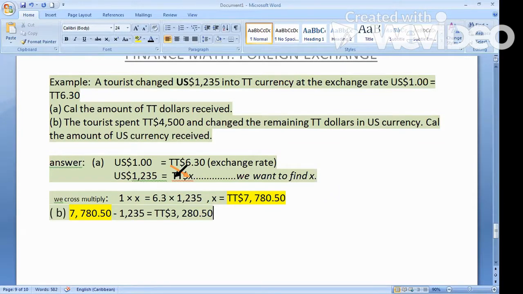So the tourist spent 1,235, right? No, sorry, hold on. I'm doing something wrong here. He spent 4,500. I'm sorry, so this should be 4,500.